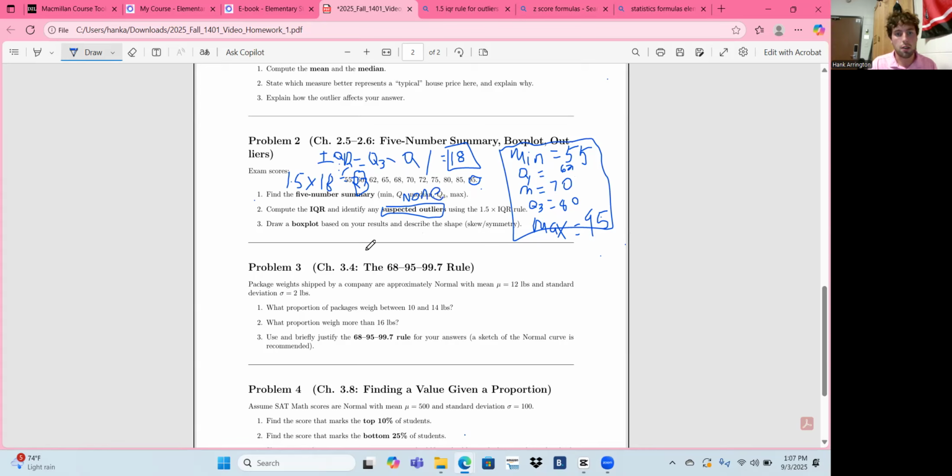And then draw a box plot based on the results. The box plot is made up of the five-number summary, which we have over here. So we'll have 55.